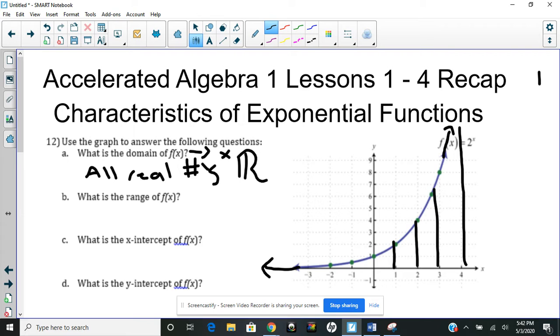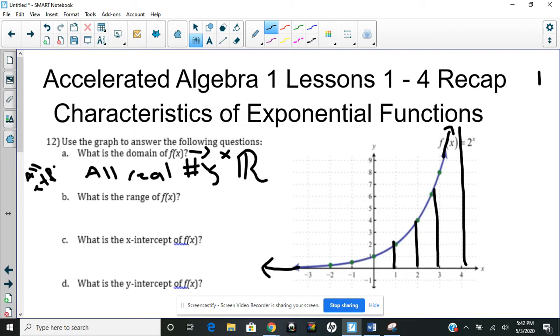And this is for all exponentials. For all exponential functions, the domain will always be all real numbers. So that's how we're going to answer the domain for exponential functions.